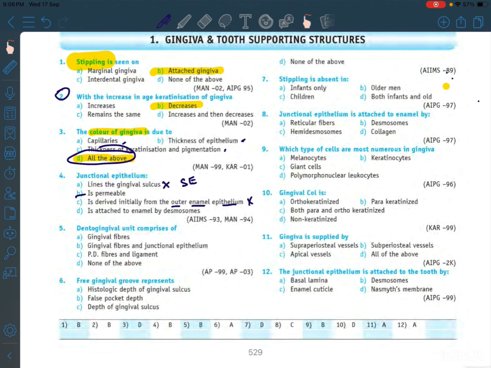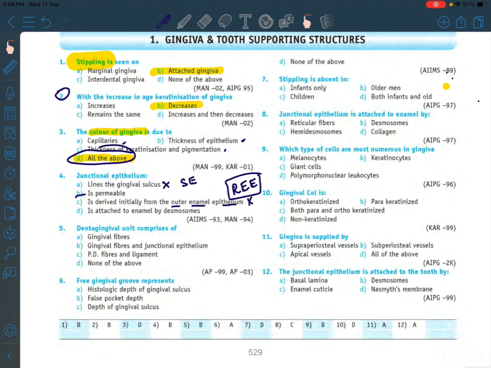Junctional epithelium gets derived from reduced enamel epithelium, which includes cells from outer enamel epithelium and inner enamel epithelium, such as ameloblasts, stratum intermedium and stellate reticulum. So it does not solely arise from the outer enamel epithelium. It is derived from reduced enamel epithelium.